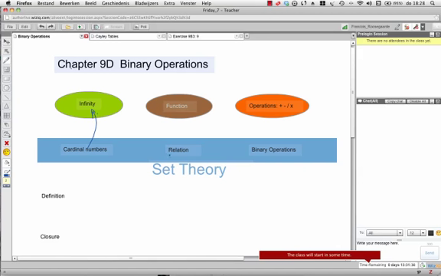And again, we talked about relation between two sets, or the elements of sets, which forms the basis for the idea of a function. And now we move on to binary operation, which of course forms the basis for operations as we know them, like addition, subtraction, and so on.